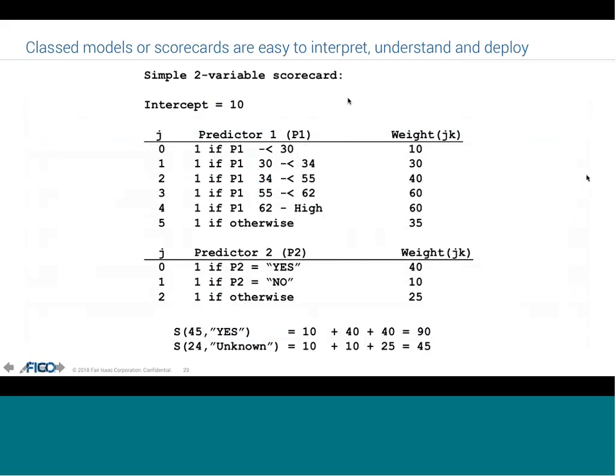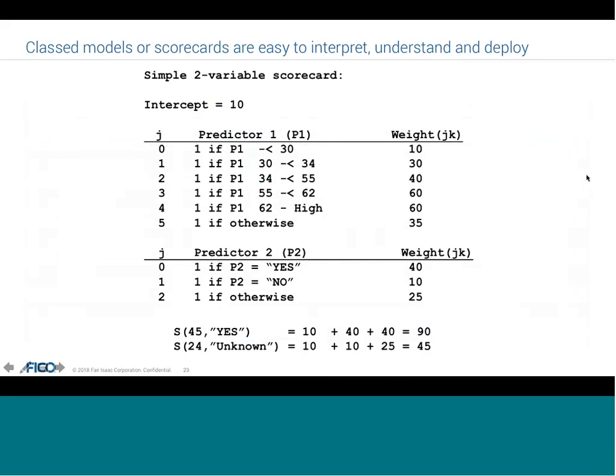Okay, so we have the visual just to complete the picture, and this is probably the simplest scorecard you'll ever see in your life, my simple 2-variable scorecard implementation. I have a record that has a value of 45 and a value of yes for predictor 1 versus predictor 2.